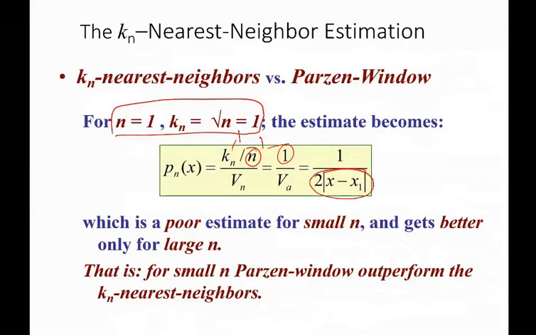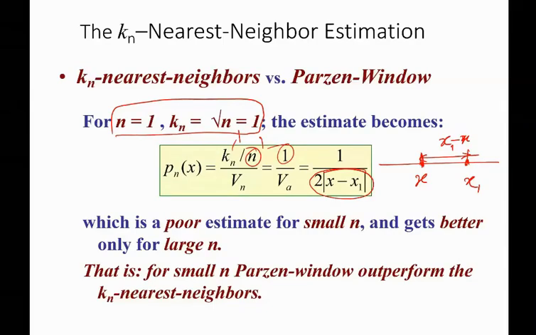This is an example of only one dimension. Suppose this is your given point x, and this was your training sample. So the distance between these two is x1 minus x.